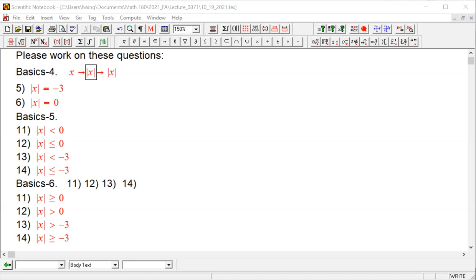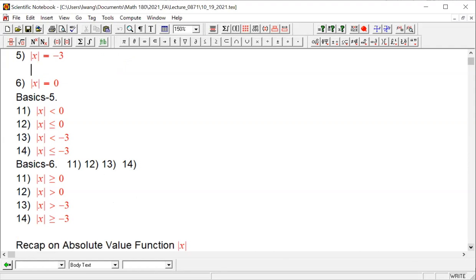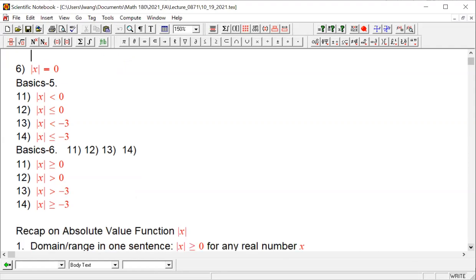Number 5, what is the solution? There is no solution. Perfect. Why is there no solution? It has to be a positive number, I believe.